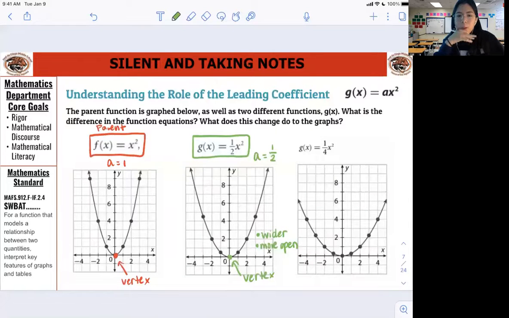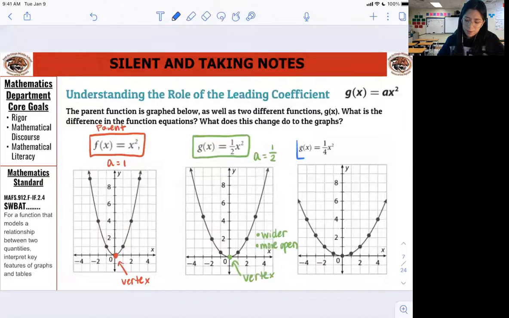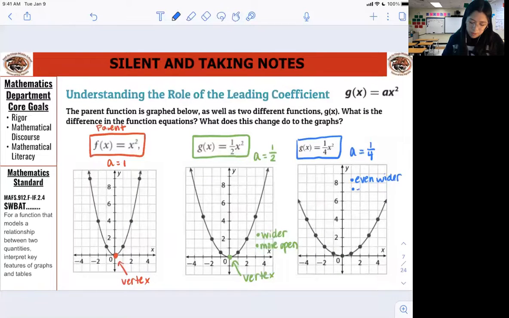Okay, so it's more wide, more open, and then similarly over here, what happens when A equals 1/4? It got even bigger, even wider, even more open. But like I said, it's still staying at the vertex.